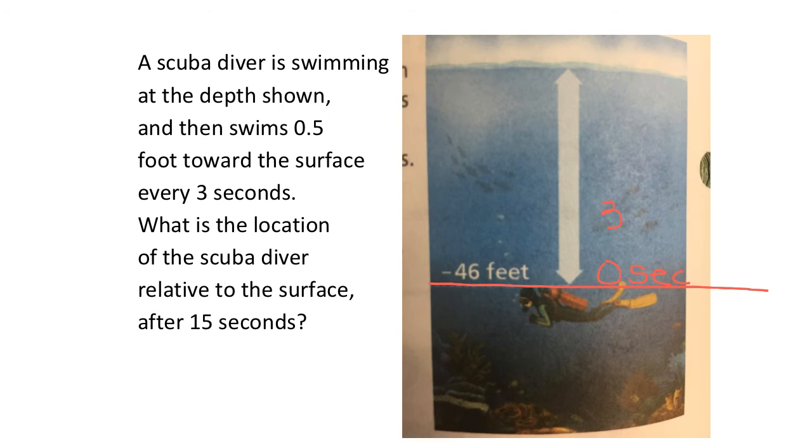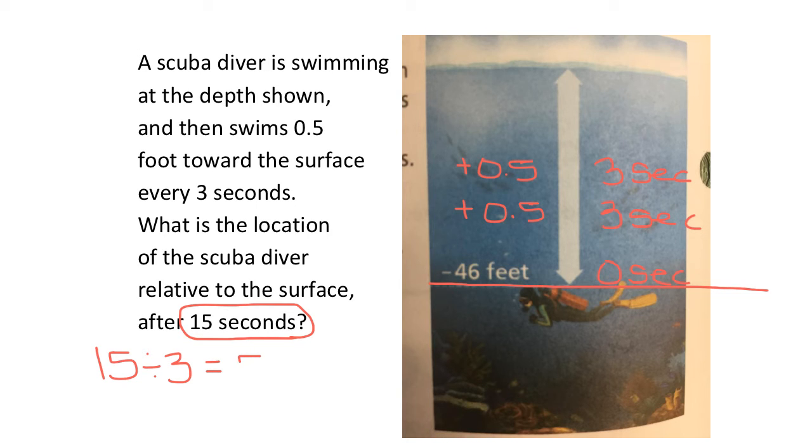So if he travels 3 seconds up, he is going to decrease his depth by 5/10 foot. If he does another 3 seconds, he's going to decrease his depth by another 5/10 foot. We need to do this until he has reached 15 seconds. Simple way to do this is to take our 15 seconds and divide it into groups of 3 seconds.